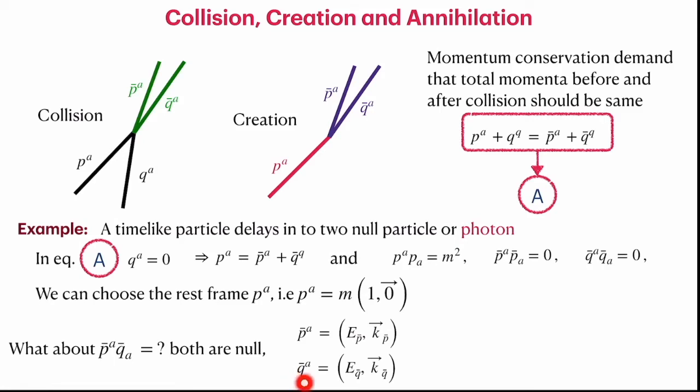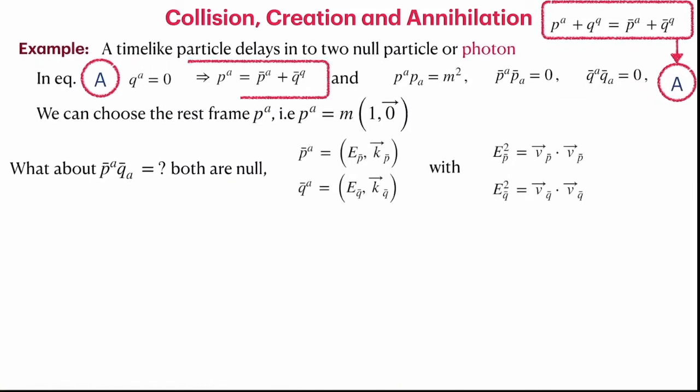And same way we can write Q bar^A as E_Q bar and K vector Q bar. These two represent the null trajectory. That means that E squared P bar is equal to V_P bar dot V_P bar, and E squared Q bar is equal to V_Q bar dot V_Q bar.